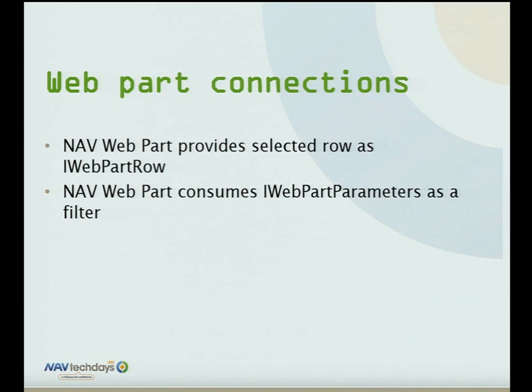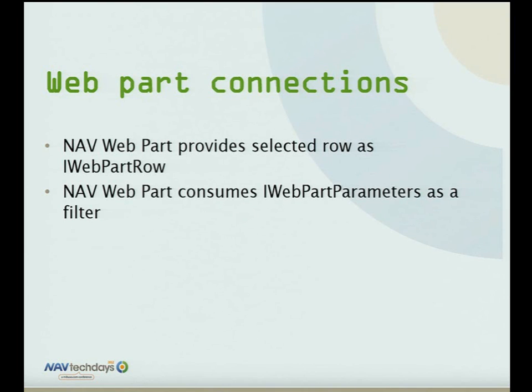And now I will talk a little bit about the web part connections. So what we provide is sending the selected row in our web part. And if you are familiar with SharePoint web part connections, it is the interface web part row that we are sending, and you can consume it in your own web parts.